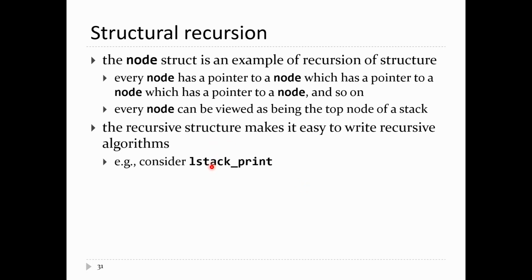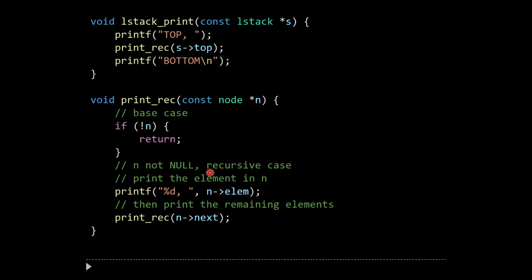Okay, so let's look at this print function. I want to take this print function, and instead of using iteration, I'm going to use recursion. So here's print. I'm going to print this stack. I'm going to start by printing out the string top, and end by printing out the string bottom. In between, I'm going to let a recursive helper method deal with printing out the individual nodes.